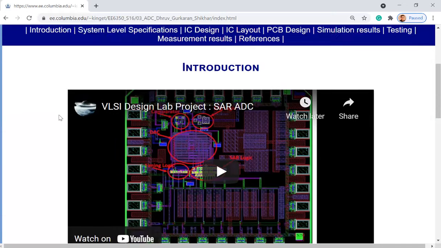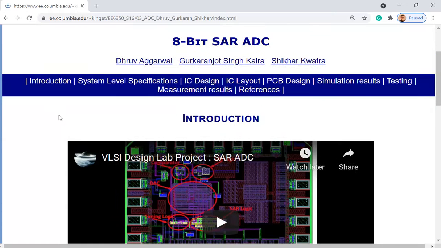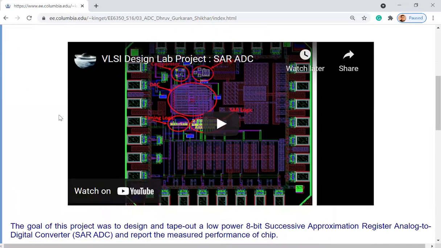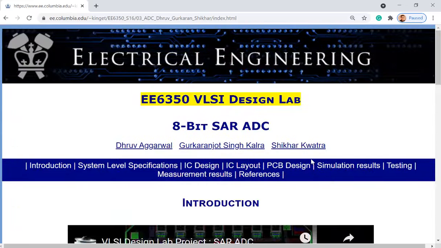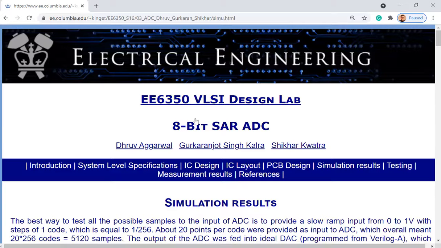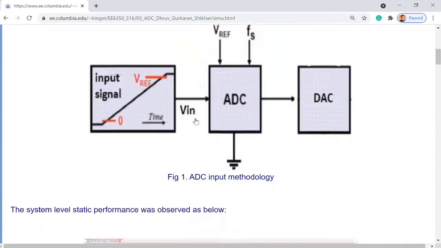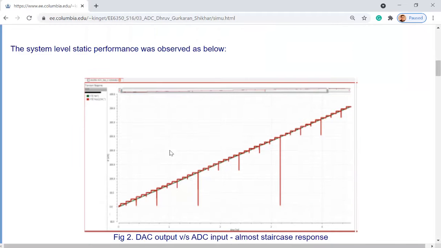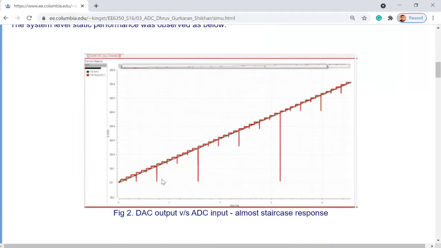So we appreciate the design, and they post everything on the website, but the quality is very low. When you are looking at the simulation results, they could have done a better resolution figure, right? They just didn't. Anyway, this is a DC sweep to test our ADC.